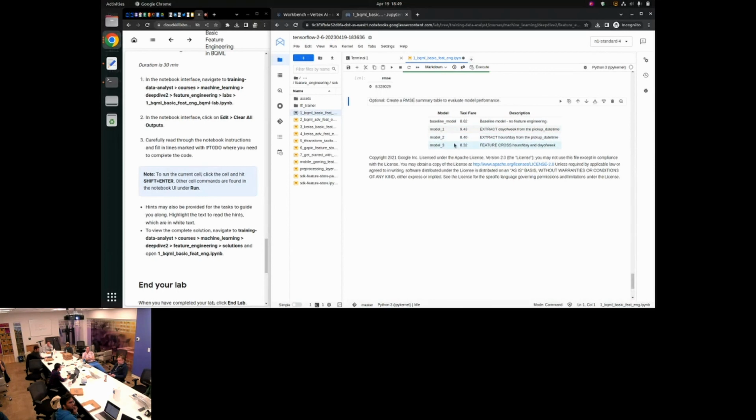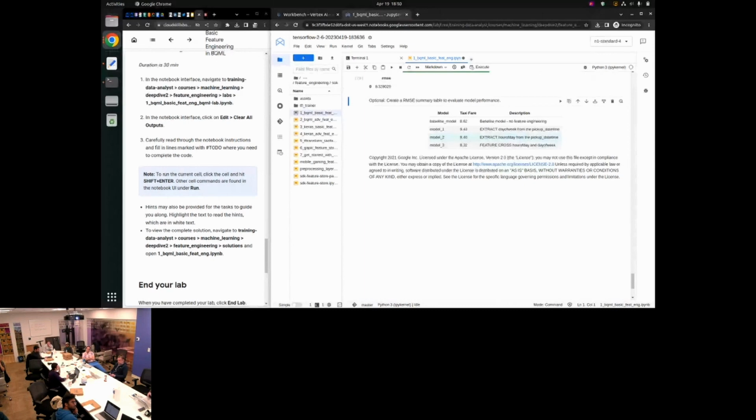When we included the hour and the day but without combining them, we improved the model slightly, but we still were not in a good position. Finally, by feature crossing, we were able to improve. Obviously, this is just the beginning, so you can continue and the sky's the limit with your features.